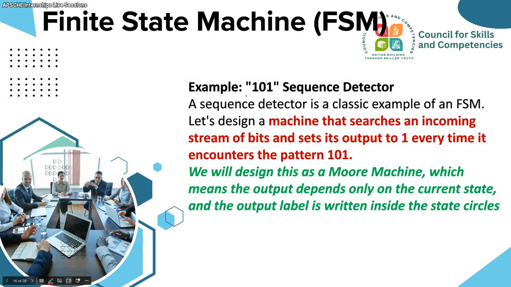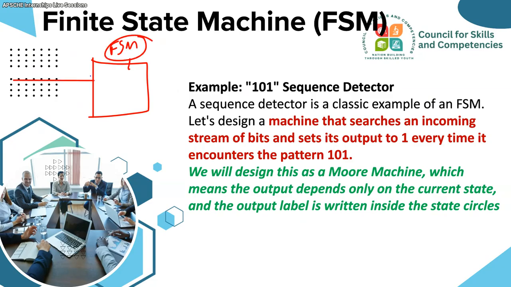For the time being, you try to understand something. This is the state machine we are going to design. It is a machine that will get an input of serial ones and zeros, whatever random values you give it. When it finds the sequence 101, it will give output 1.